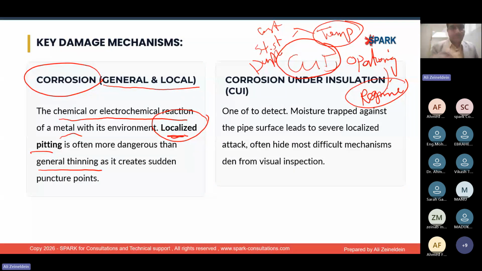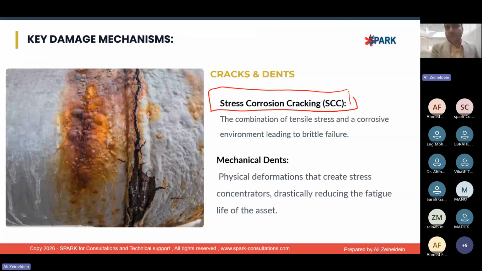Here we are also talking about stress corrosion cracking. Stress corrosion cracking is a combination of tensile stresses and a corrosive environment. Finally, it will lead to fracture or brittle failure. The most common examples are caustic media and amine media.